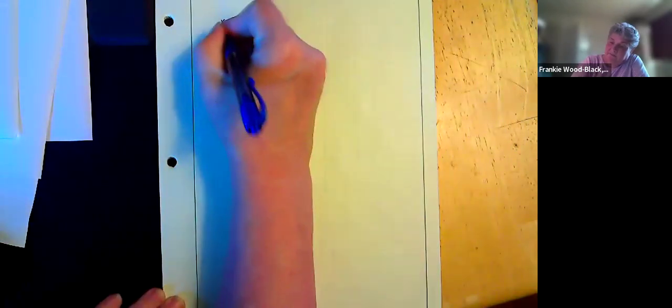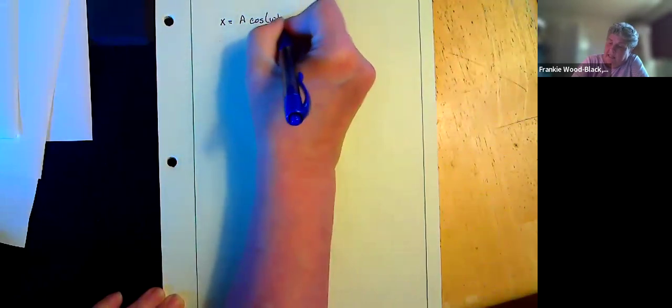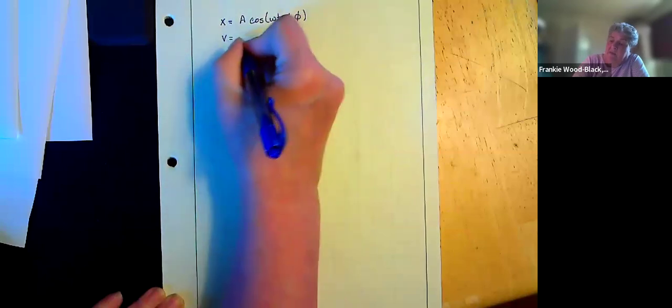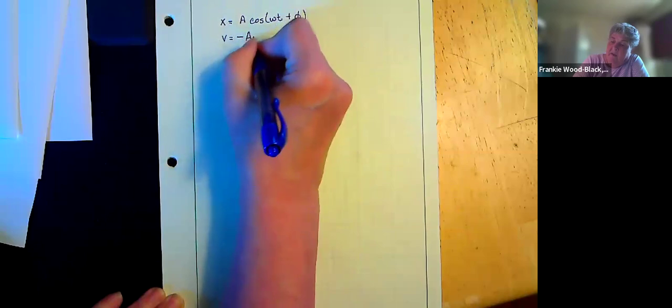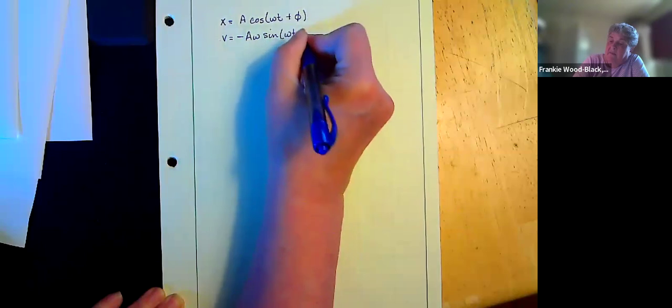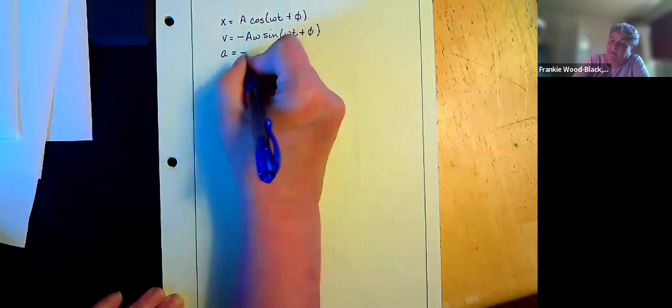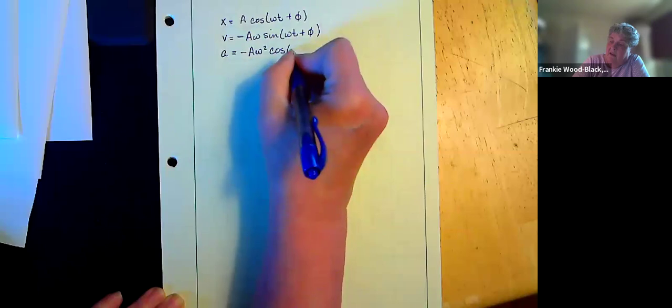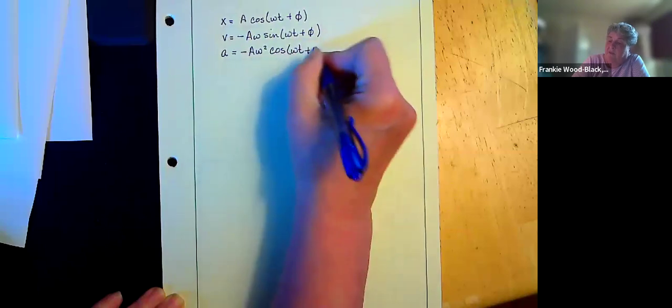Now, remember, we're doing motion here. So our x is going to be A cosine omega t plus my phase angle. My velocity is going to be minus A omega sine omega t plus the phase angle. And my acceleration is going to be minus A omega squared cosine omega t plus my phase angle.